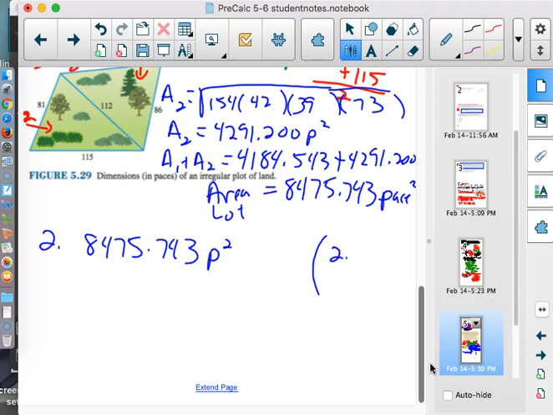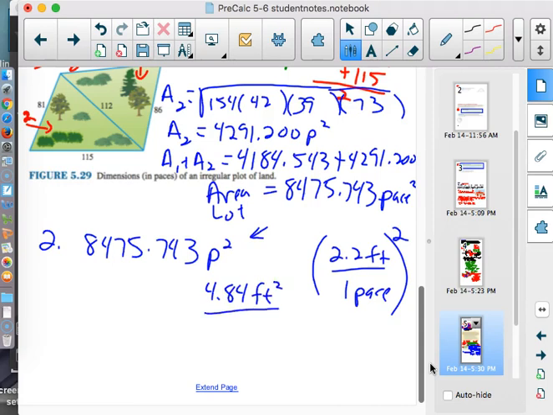It was 2.2 feet for one pace. So if I'm supposed to convert using square paces, I'm going to have to square this. I'm going to need 2.2 squared, which would be 4.84 square feet for each square pace.